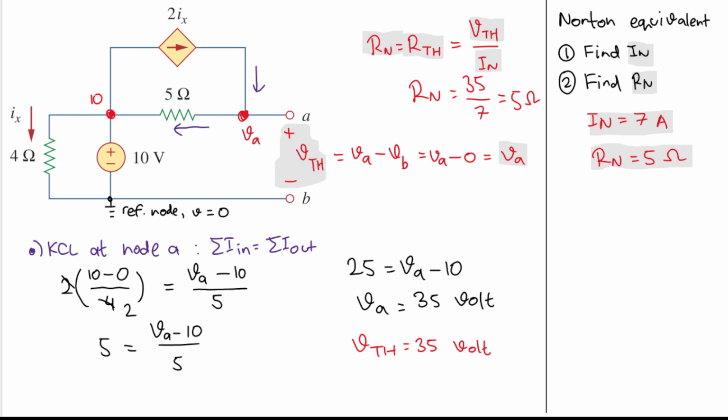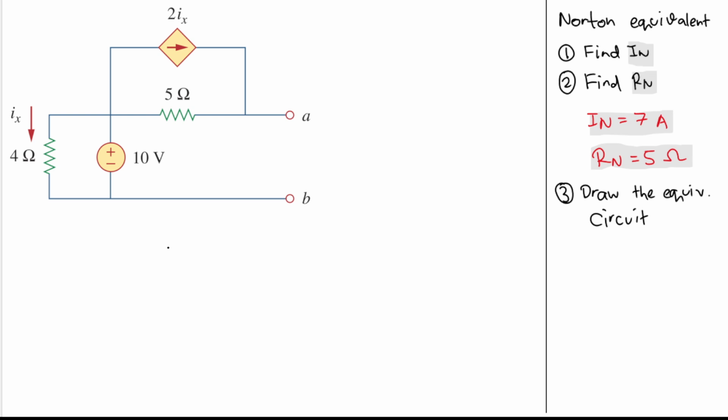And let's do the last step of this problem, which is to draw the Norton circuit. Draw the equivalent circuit. Okay, let's clean up our slide and do that. So here, this circuit is equivalent to a current source with the value of 7 ampere, and that will be in parallel with 5 ohm resistor.